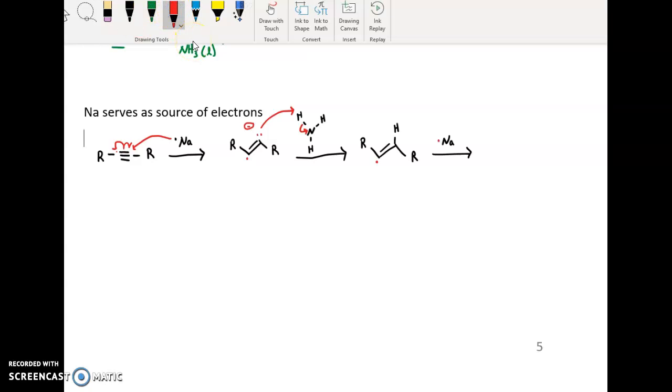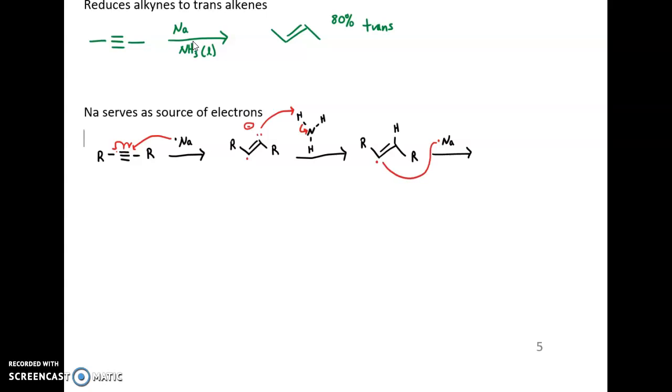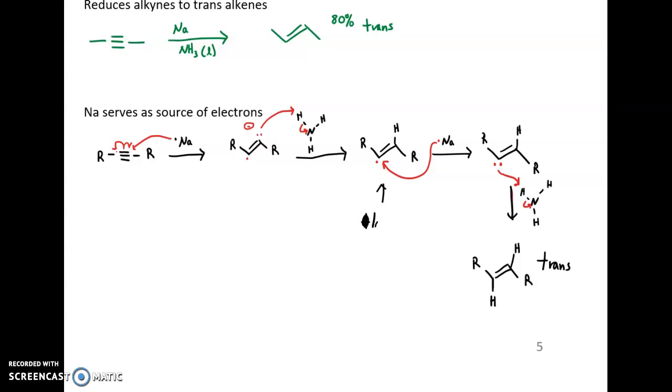Sodium then donates a second electron so that we get a pair. The pair of electrons are then able to snatch a proton from the ammonia, giving us our product that is trans in nature. You'll notice that the trans form here, particularly, is lower in energy.